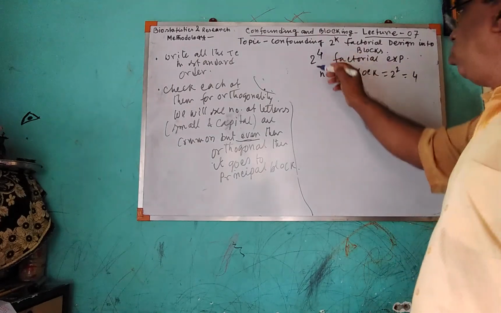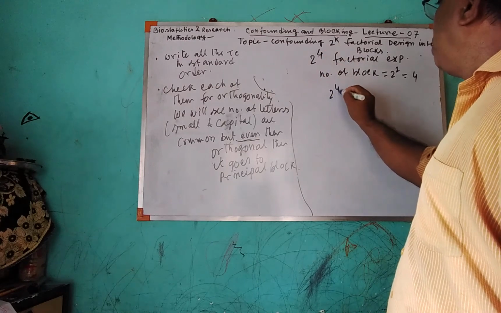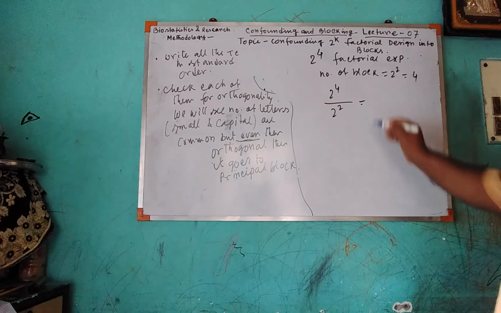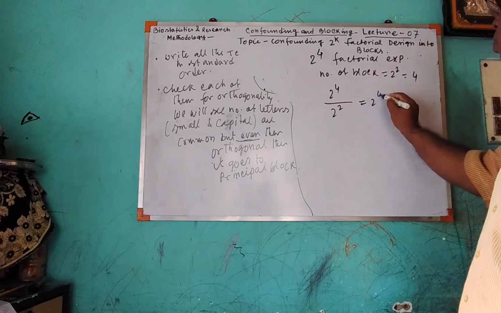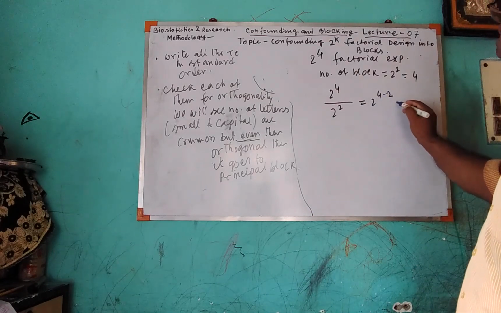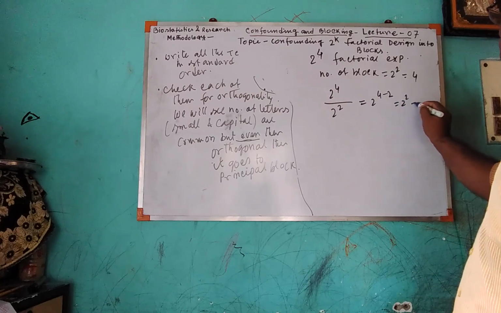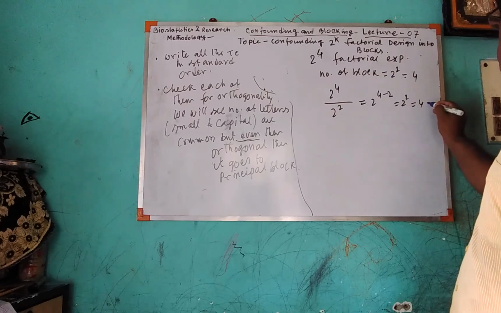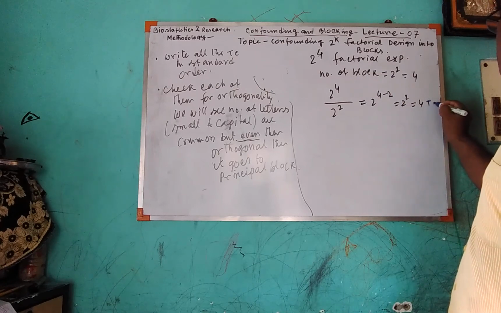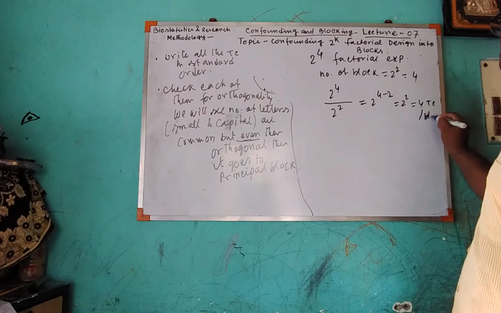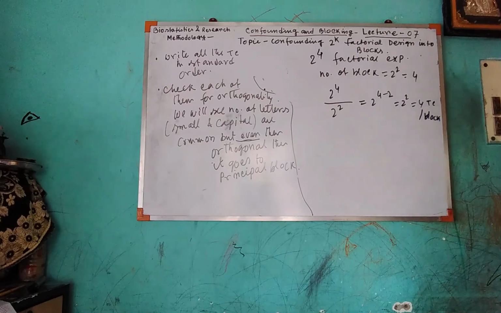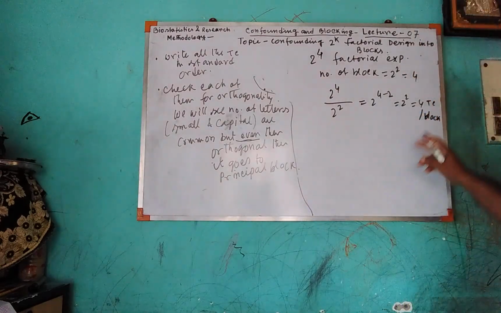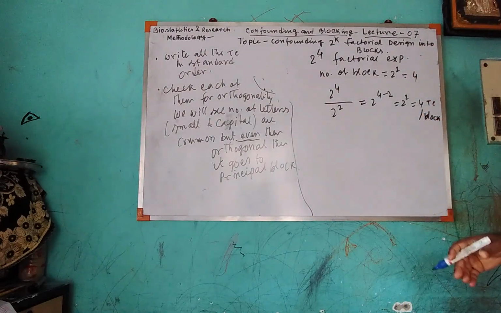Now dividing all the treatment combinations, 2 to the power 4 by 2 to the power 2, as we have already explained, that is 2 to the power 4 minus 2, which comes to 2 to the power 2, that means 4. The number of blocks is 4 and each block has 4 treatment combinations.